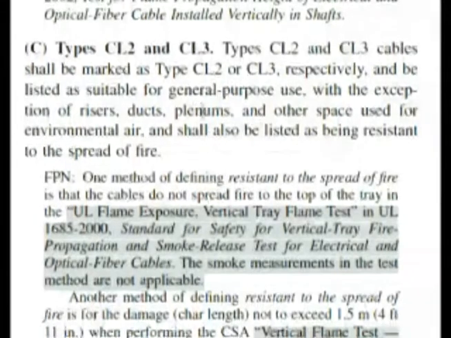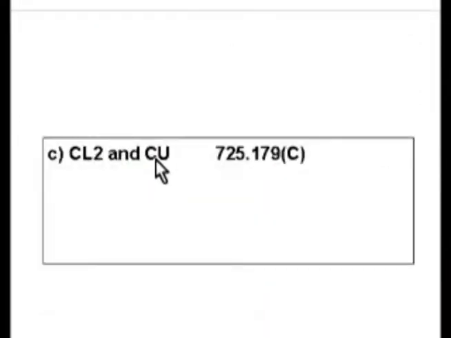Okay, this is almost word for word what our question is asking, and the types of cables that are allowed are CL2 and CL3. So this right here should read CL3, and your copy of the test which you downloaded on the PDF file has this correctly as CL3. So this makes our answer choice C.